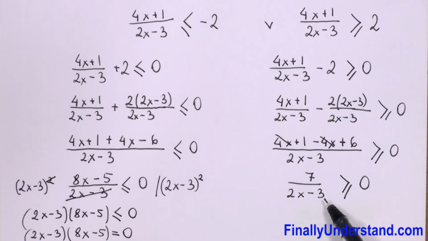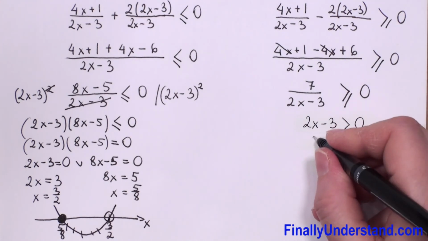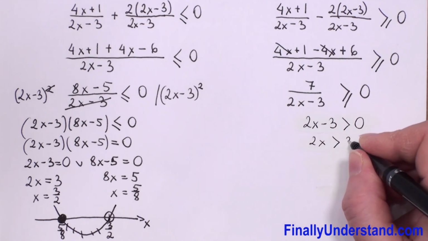We have to find for what value of x this fraction is greater than or equal 0. Numerator is positive 7. It means this numerator is always positive. So we have to only check when denominator will be positive, because denominator cannot be 0. So we have to only solve inequality 2x minus 3 is greater than 0. So we have 2x is greater than 3.